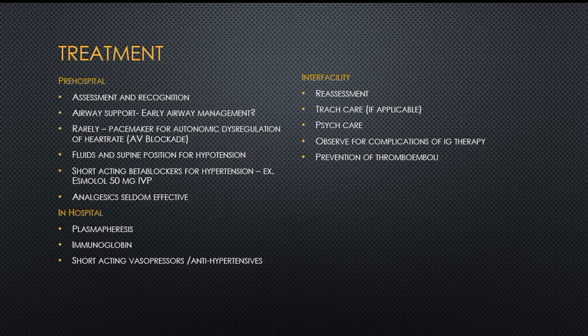Occasionally, we'll have fluctuations in heart rate associated with this, and that's from the 10th cranial nerve being demyelinated. If they have orthostatic hypotension, then it's fluids and keeping them supine. If they have hypertension, some places use esmolol infusions or metoprolol. Analgesics will not be effective for their pain if they have that.